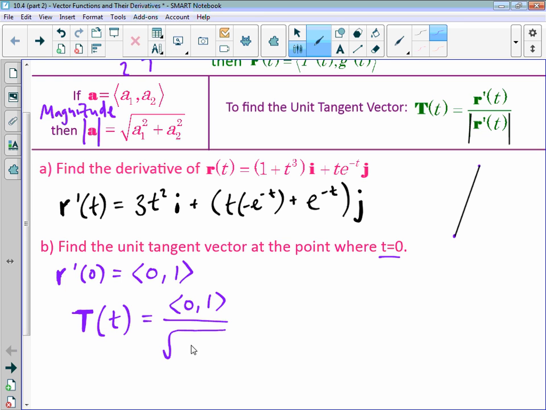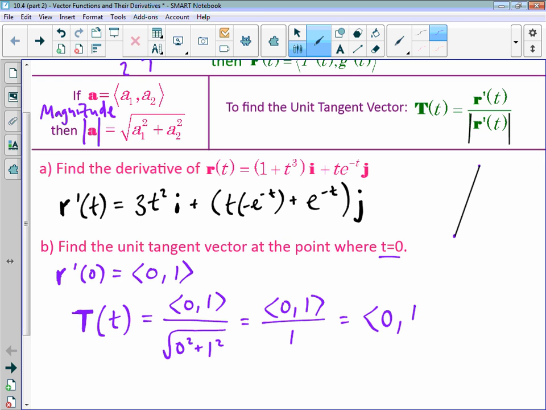I'll write it out for this one, but obviously you could do that one in your head. So you get 0, 1 over 1? Everyone okay with that? So if this wasn't 1, let's say it was 2, you'd just divide both of these pieces by 2, and that would be your final. So ours is just 0, 1.